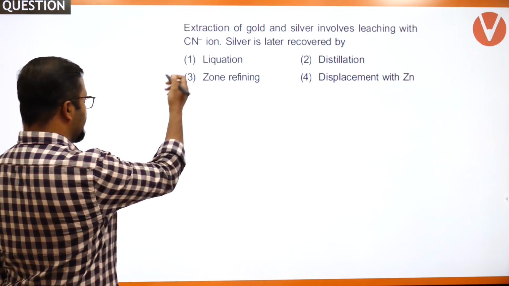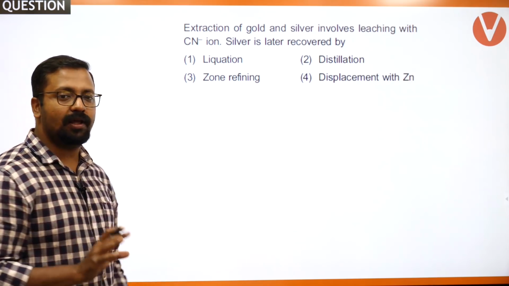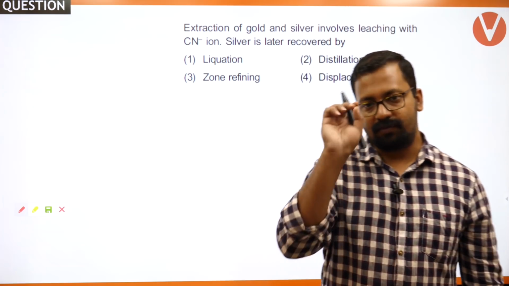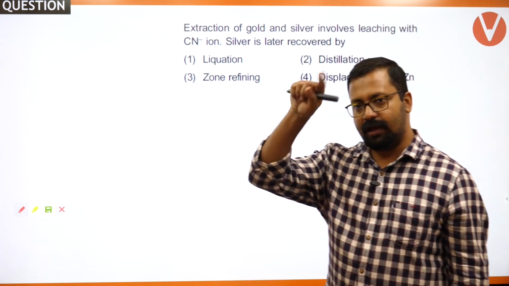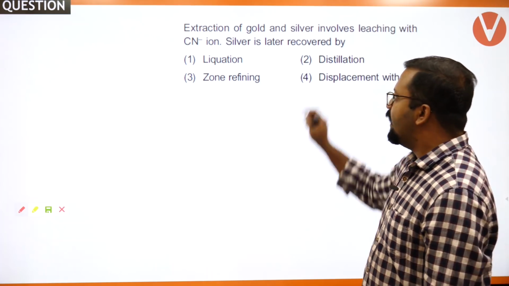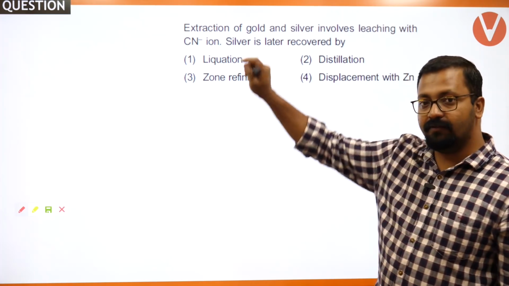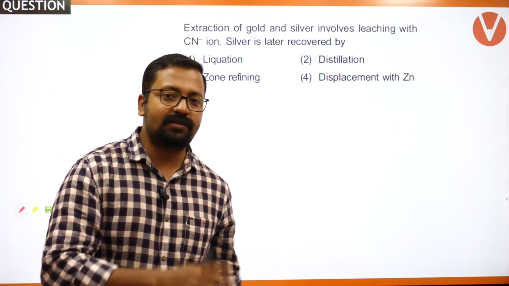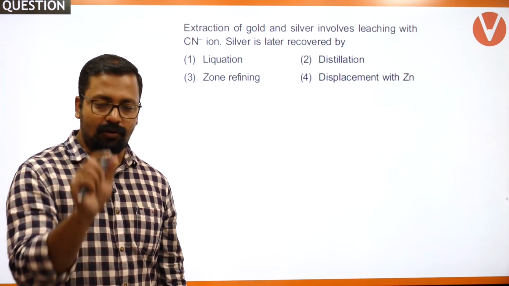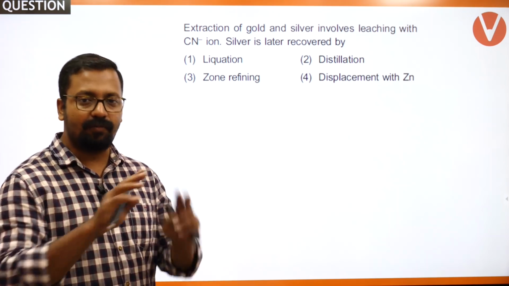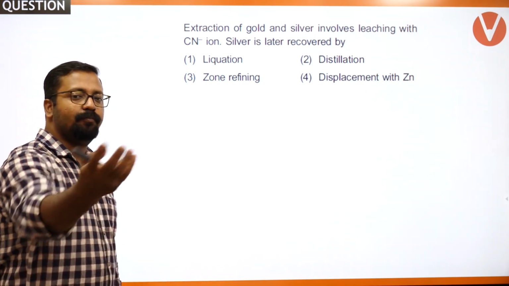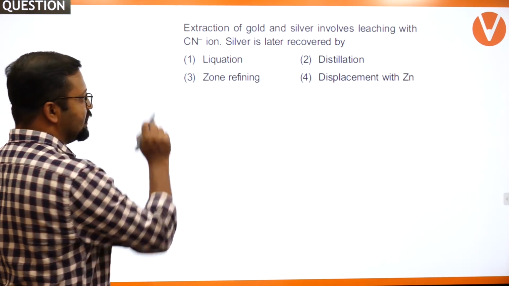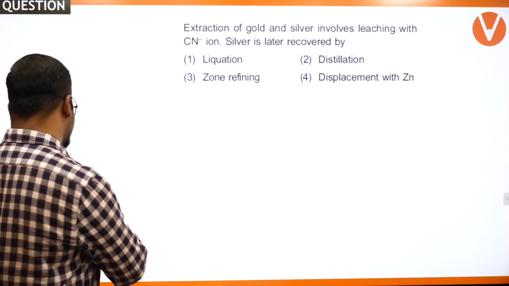So any ore which contains gold or silver first forms a complex with NaCN, forms Na2[Ag(CN)2] kind of a thing, and then it is recovered by reacting it with zinc. Zinc will displace the gold or silver from the complex and bring it out in the reduced form. So the right answer to this question will be displacement with zinc.